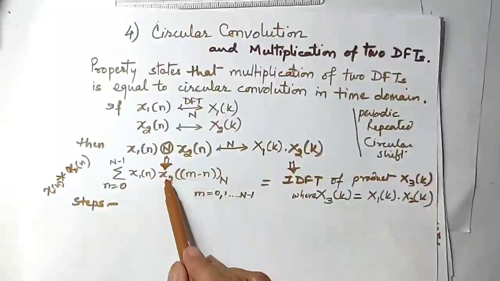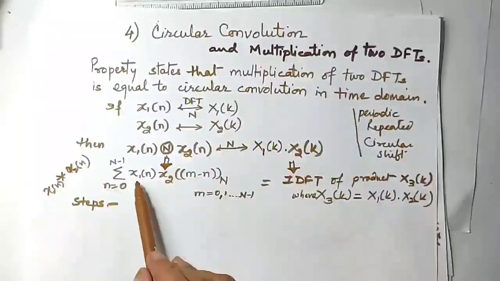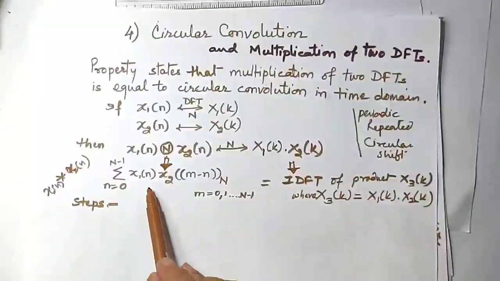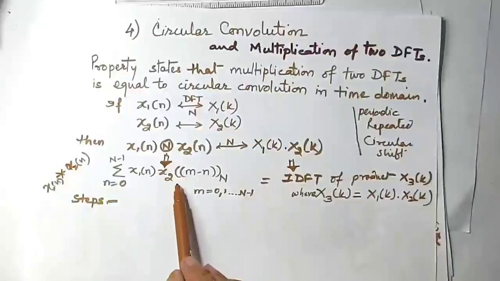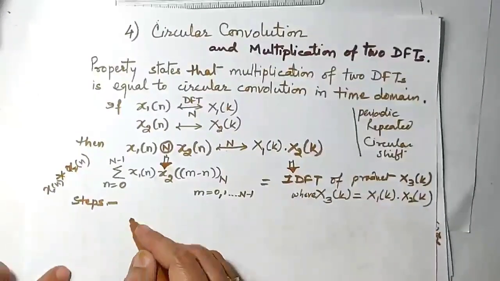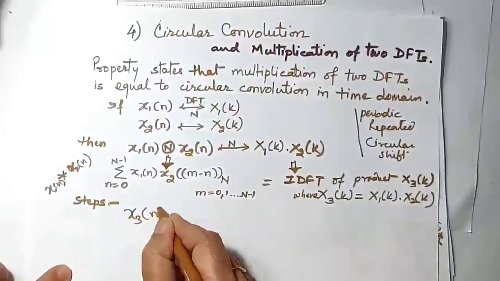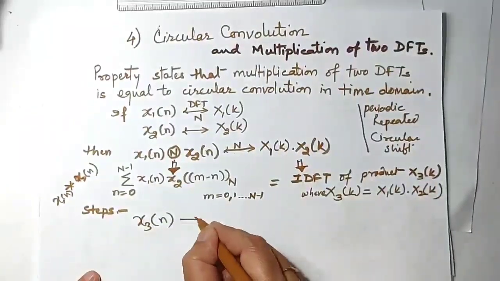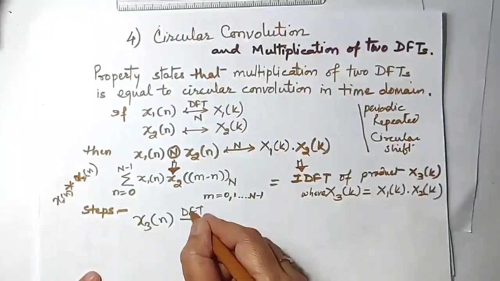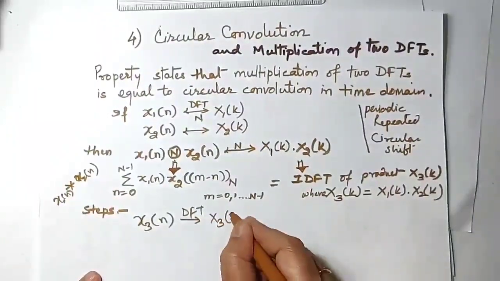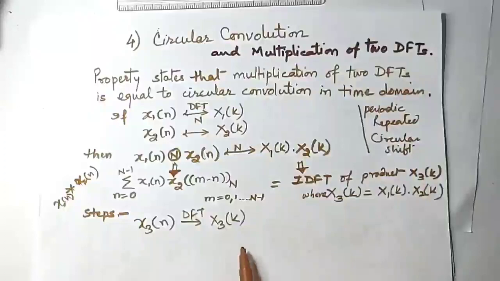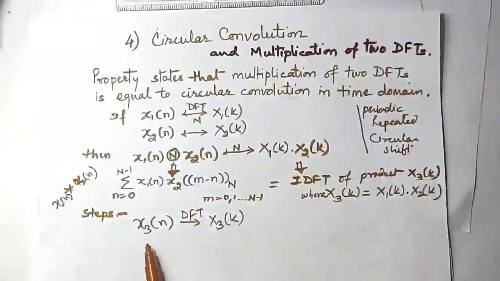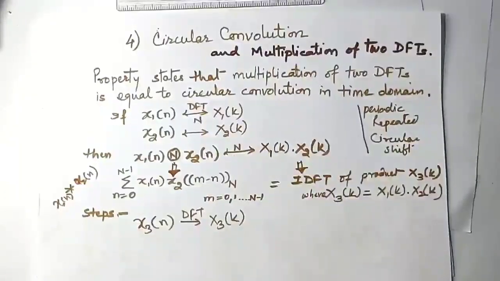One is x1n, and when we take its circular convolution, we get x3n. The x3n sequence will give us x3k in DFT format. Whatever our requirement, we can have this x3n and x3k.